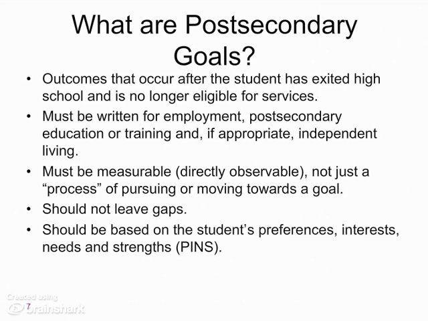When the student graduates, this is the job they are going to have, or this is the schooling or the vocational training or the program the student will be enrolling in. It should be long-term and written in such a way that you're looking at the student's preferences, the student's needs, and what their strengths are, taking all this into consideration as well.